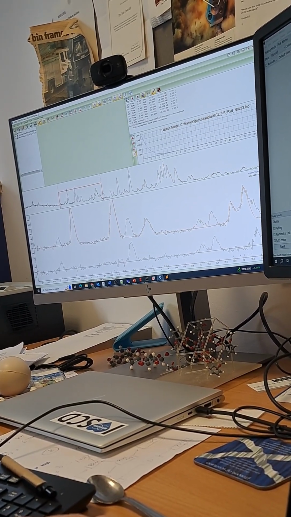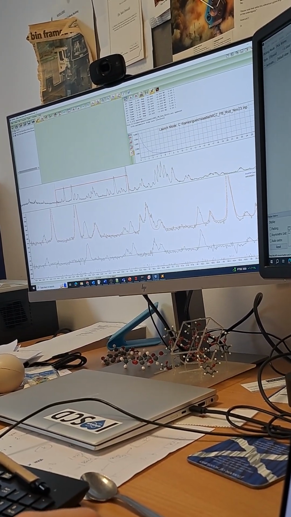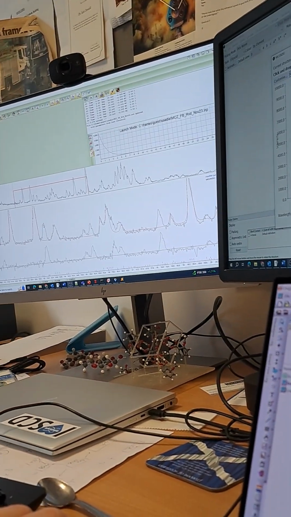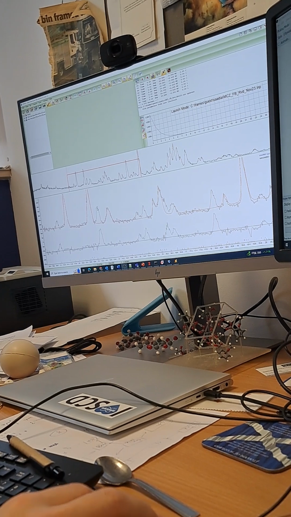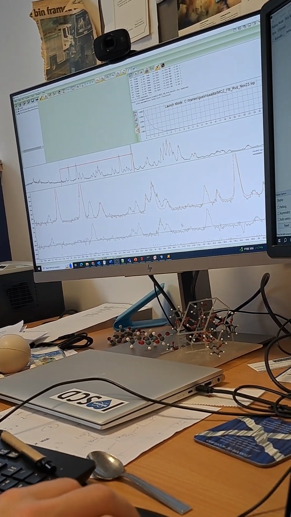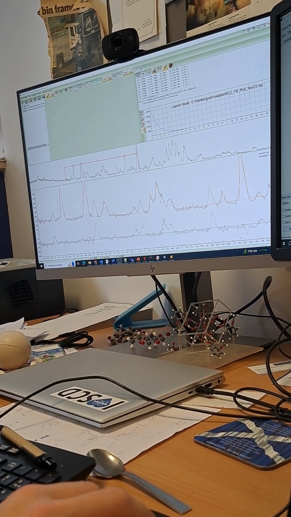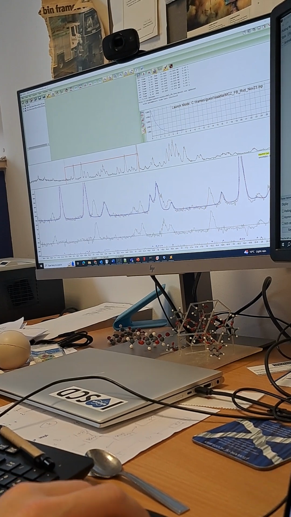Where are the others? We're assuming this is a randomly orientated powder. Okay, and so what we should be seeing is a similar sort of quantity, the heights should all be reasonably in line with one another. So at 15 degrees, we are getting bish, bash, bosh, bish, bash, bosh in here.